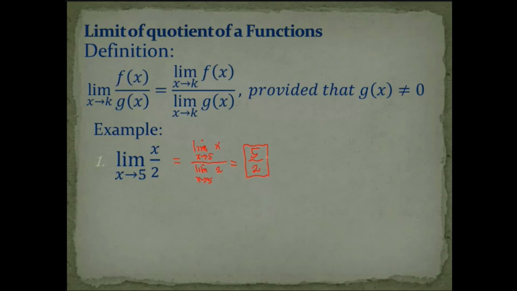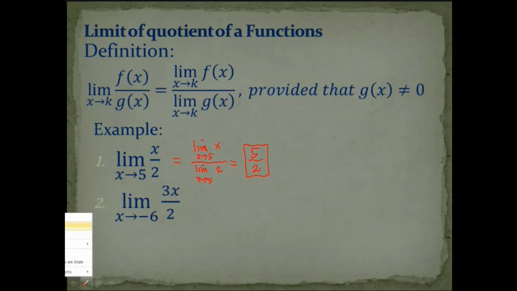Okay. Next, number 2. Limit of 3x over 2 as x approaches negative 6. Hiwalay ulit natin just like number 1. Okay. And then, sa numerator, apply natin yung theorem number 3. Lalagay natin sa unahan yung 3.